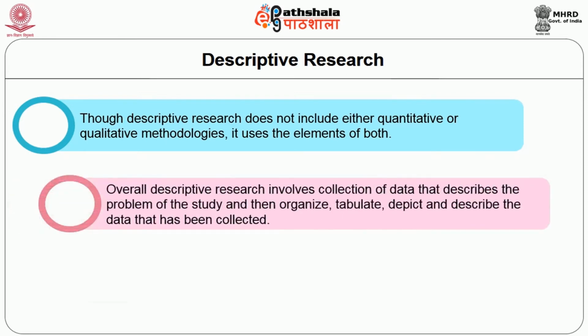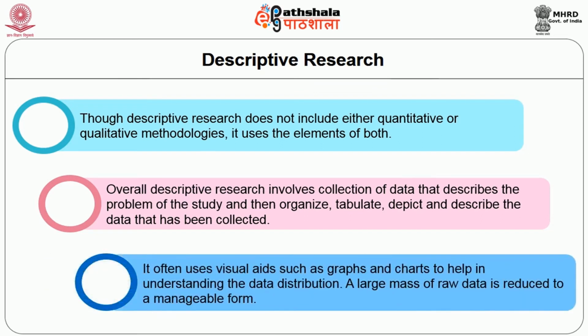Overall, descriptive research involves collection of data that describes the problem of the study and then organize, tabulate, depict and describe the data that has been collected. It often uses visual aids such as graphs and charts to help in understanding the data distribution. A large mass of raw data is reduced to a manageable form.